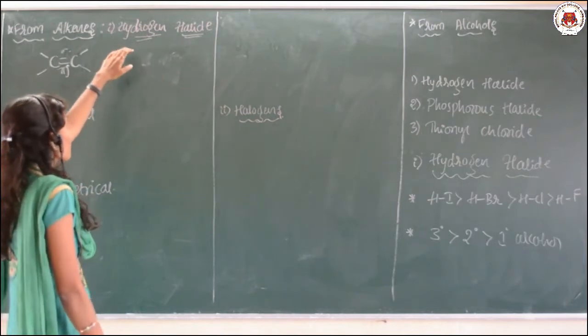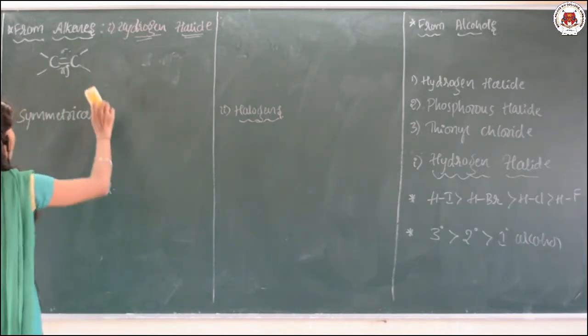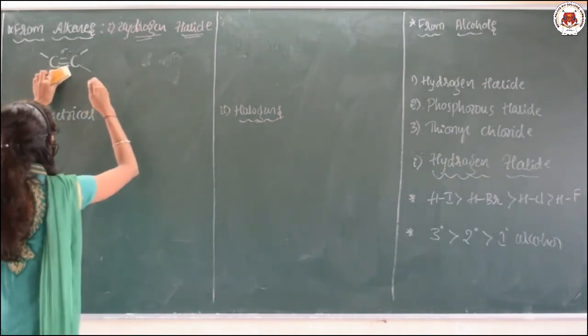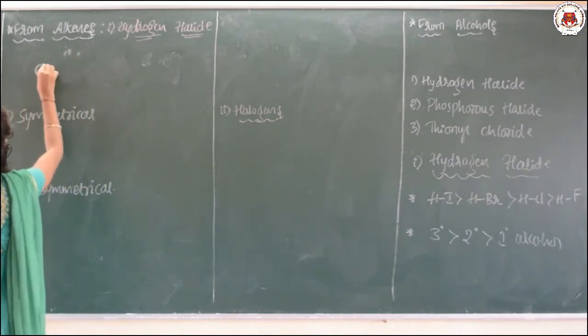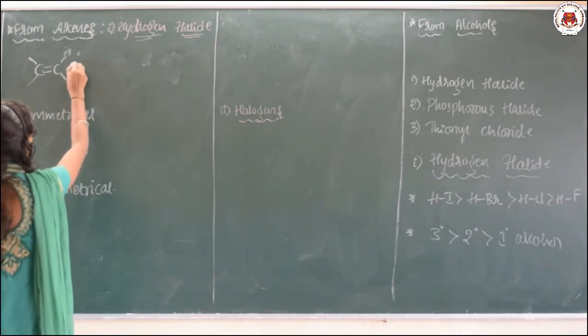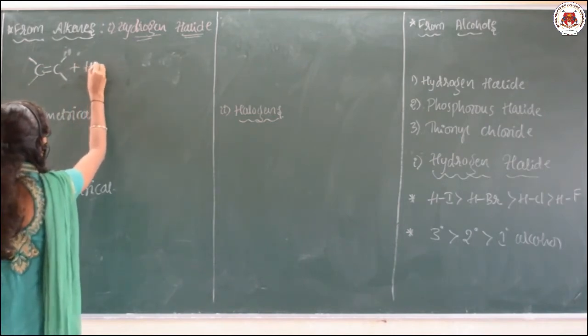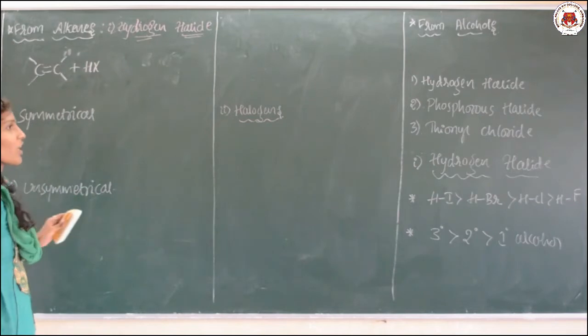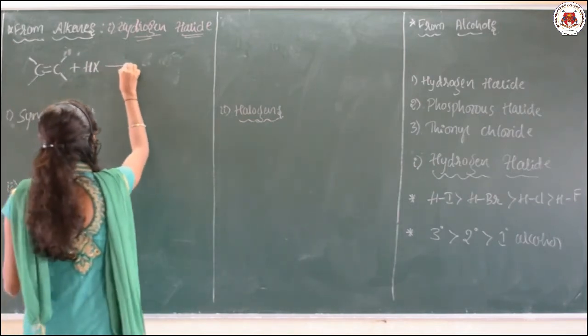Okay. So, let me explain this one first. This is the alkene, with a carbon-carbon double bond. To this alkene, we are adding the hydrogen halide, that means HX. What happens?